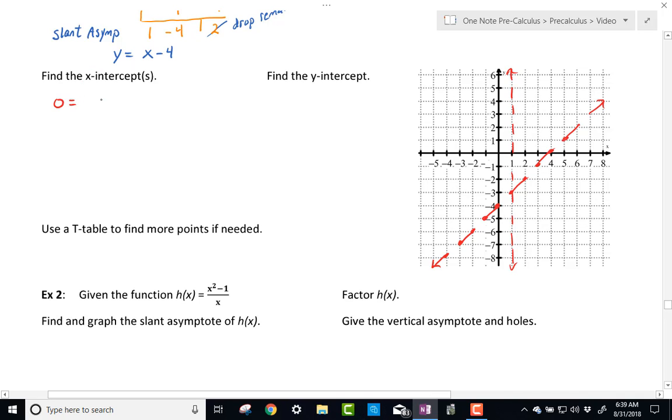My function was x squared minus 5x plus 6 over x minus 1.